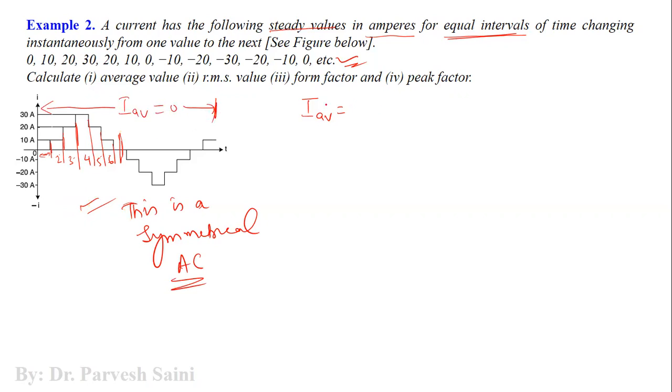So we will calculate the average value for half cycle only. We'll add all these: 0 plus 10 plus 20 plus 30 plus 20 plus 10. 1, 2, 3, 4, 5, 6 intervals are there, divided by the number of intervals.